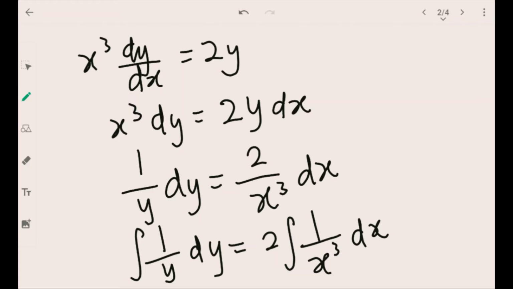After this, we will separate it and it becomes 1 over y dy equals 2 over x to the power of 3 dx.